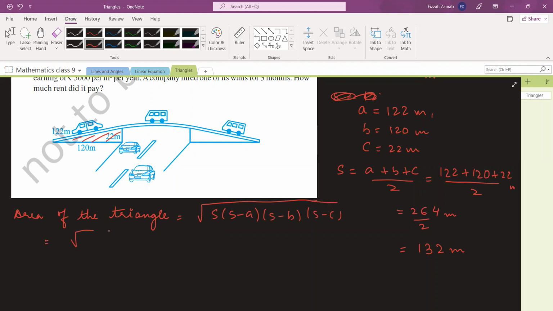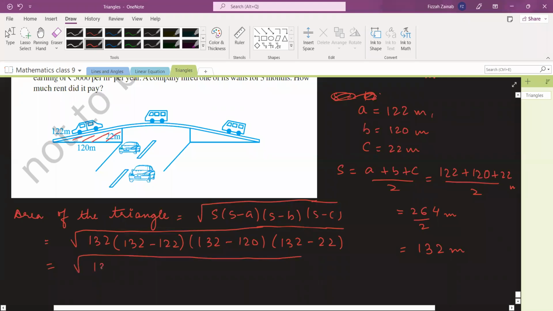So that is the square root of s, which we have found as 132, into (132 minus a, which is 122), (132 minus b, which is 120), and (132 minus c, which is 22), right?